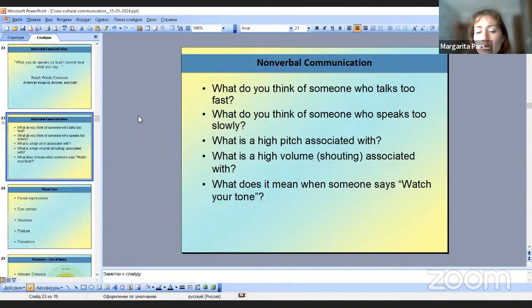And what do you think about high volume? For example, when a person is shouting, what is it associated with for you? How do you accept or not accept the person who is shouting or speaking in high volumes? Because there are people who cannot easily remake their manner of speaking, and they're often speaking in high volumes.